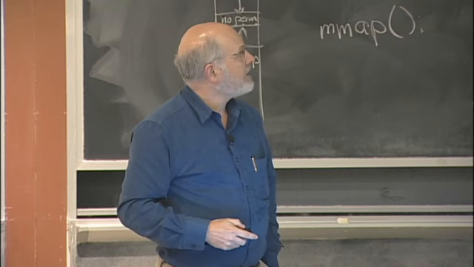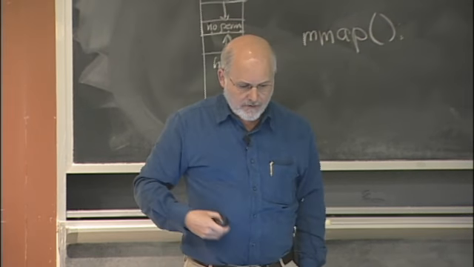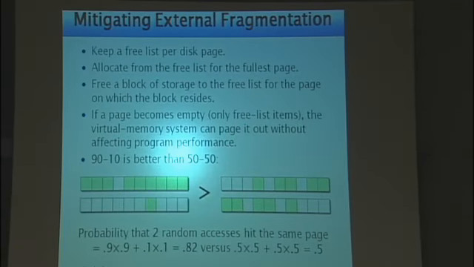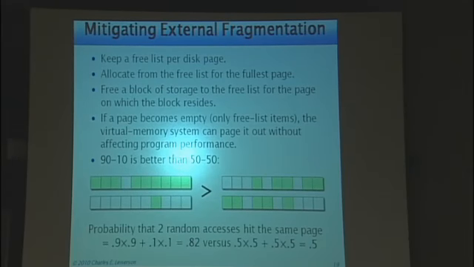Okay? So here are some ways of mitigating external fragmentation. Of course, this makes the code for a free list more complicated, and then you have to weigh how much you lose in having a more complicated allocator versus suffering the fragmentation that may occur.